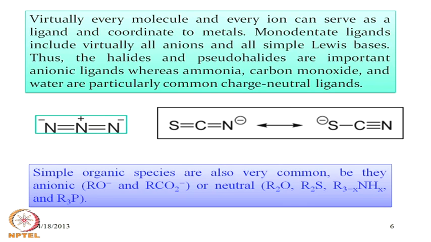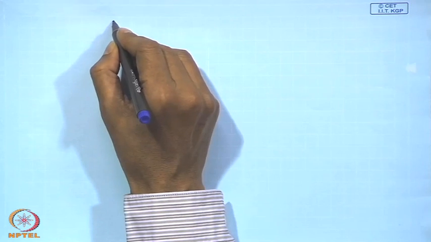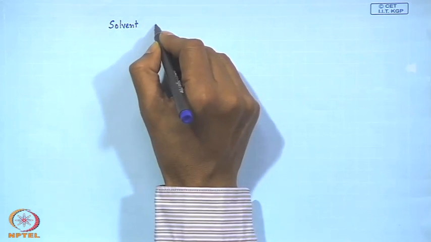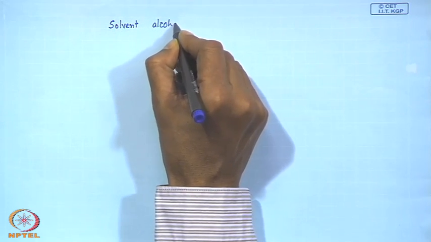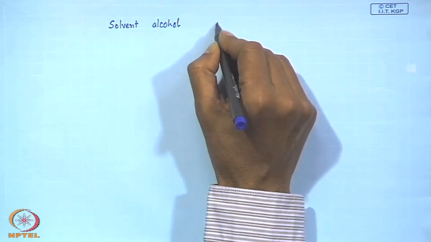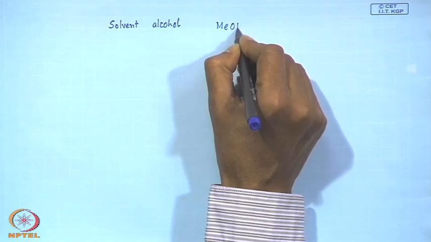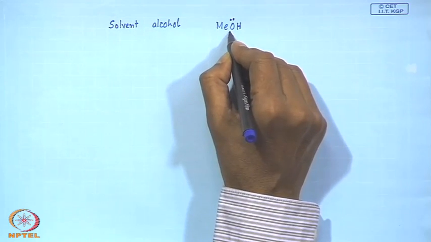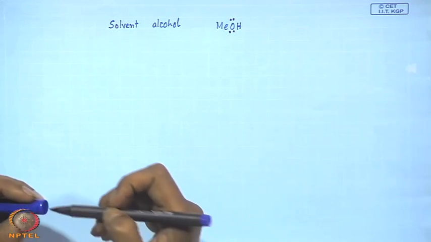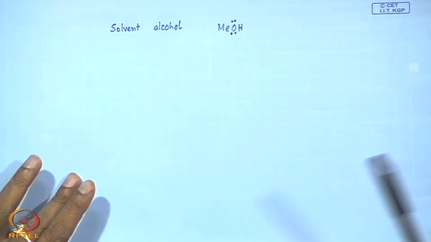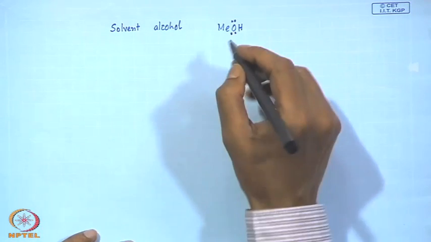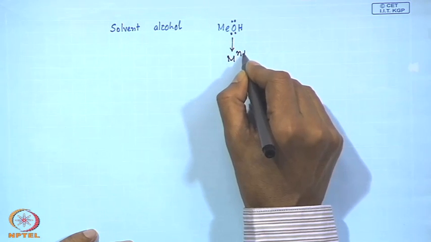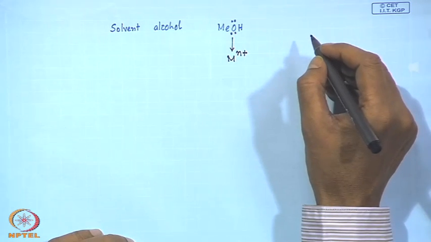Any alcohol, particularly when we use it as a solvent, like water, also has lone pairs of electrons. When these lone pairs of electrons are donated to the metal center, it can function as a very good ligand.